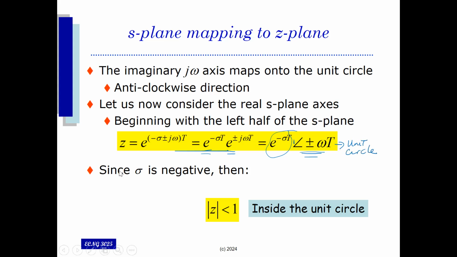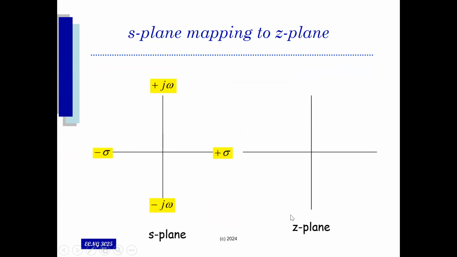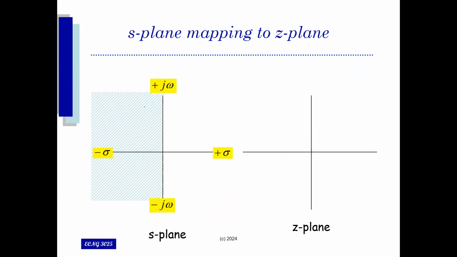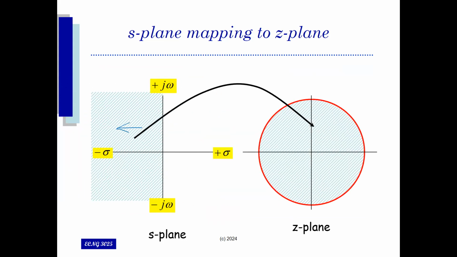Since sigma is negative, e to the minus sigma T is a decreasing number, less than 1, so the magnitude of Z is going to be less than 1. In other words, inside of the unit circle. So once I have sigma negative, any value of sigma that is negative is going to map inside of the unit circle.